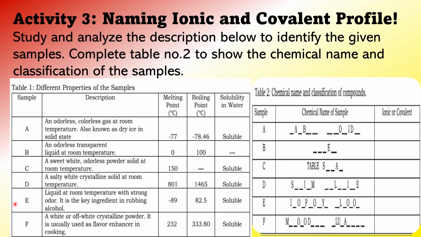Sample E, liquid at room temperature with a strong odor. It is the key ingredient in rubbing alcohol. Lastly, a white or off-white crystalline powder. It is usually used as a flavor enhancer in cooking.